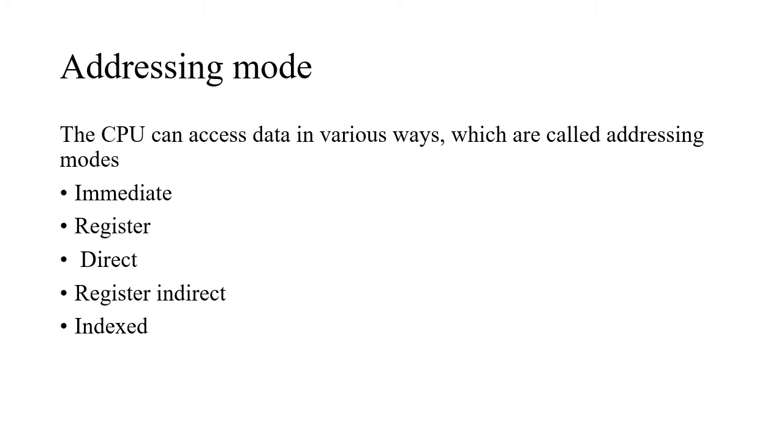Based on this, we have 5 different types of addressing modes: immediate addressing mode, register addressing mode, direct addressing mode, register indirect, and indexed addressing mode. The detailed discussion on this will be done in the coming slides.